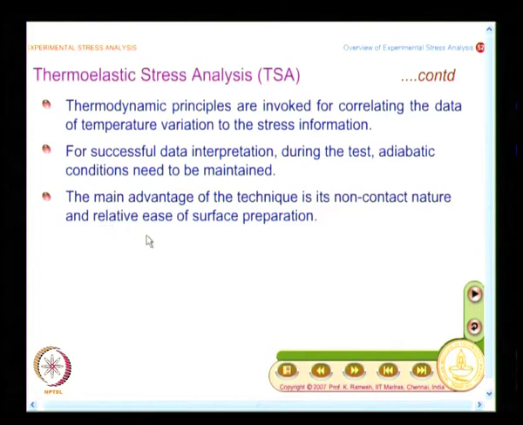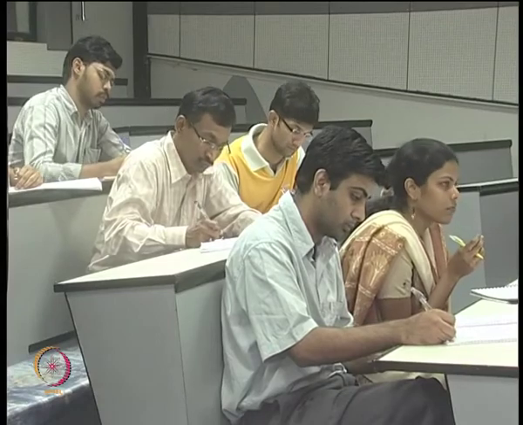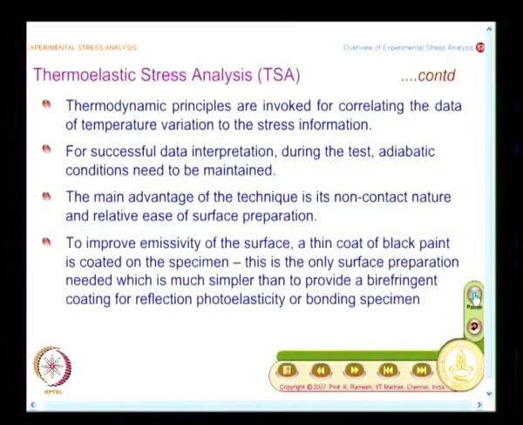It has a relative ease of surface preparation, it is again a relative term. And here, what is the kind of surface preparation you do? You have to improve the emissivity of the surface. A thin coat of black paint is coated on the specimen. It is not white paint like in speckles, but it is a thin coat of black paint.